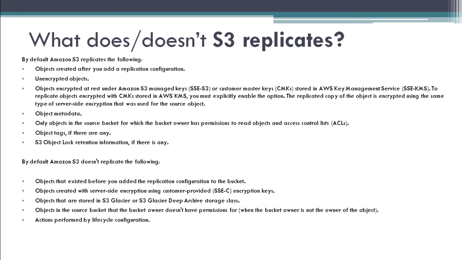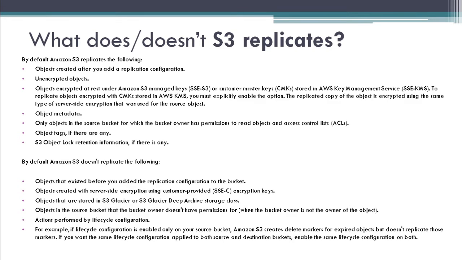Actions performed by lifecycle configuration. For example, if lifecycle configuration is enabled only on your source bucket, Amazon S3 creates a delete marker for expired objects but doesn't replicate those markers. If you want the same lifecycle configuration applied to both source and destination buckets, enable the same lifecycle configuration on both.